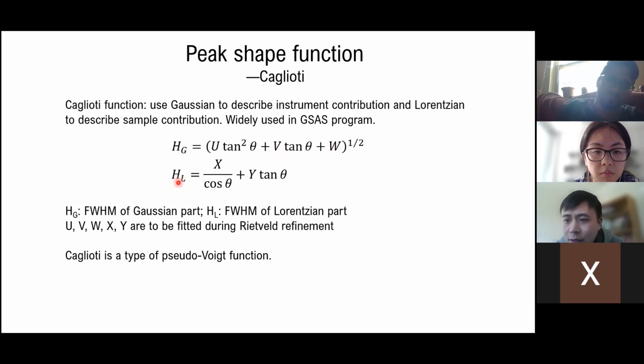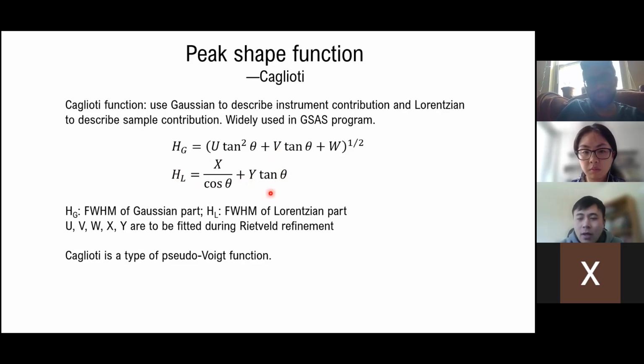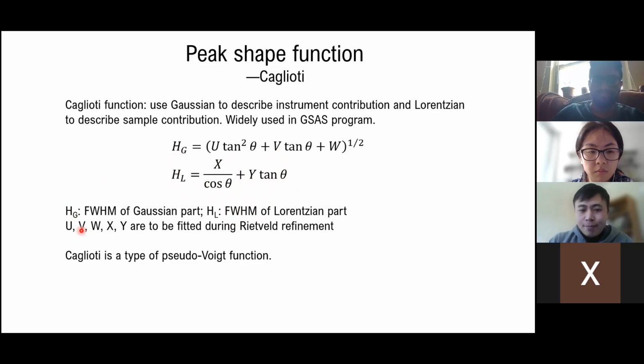You will also see LX and LY. So LX and LY are the parameters defining the Lorentzian part of this peak shape function. Also, as I mentioned here, HG and HL stand for the full width at half maximum of that peak. And those are to be fitted during the refinement.